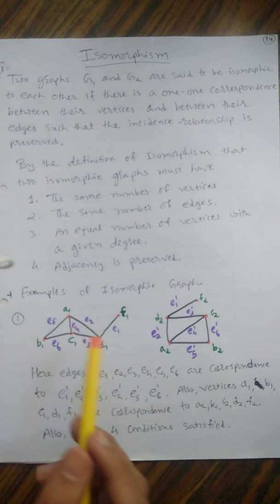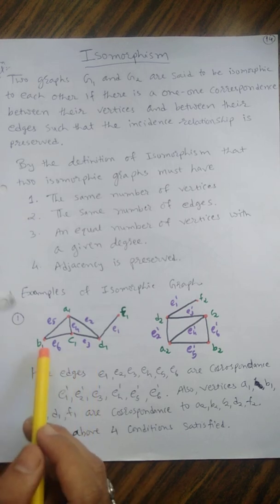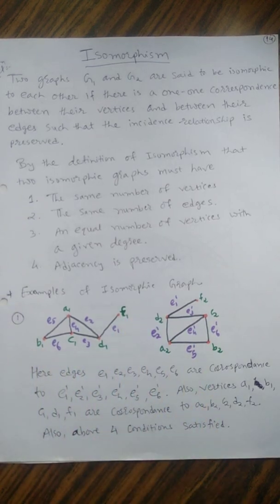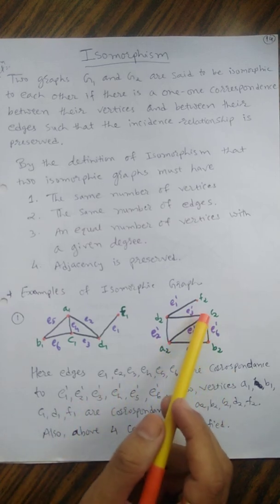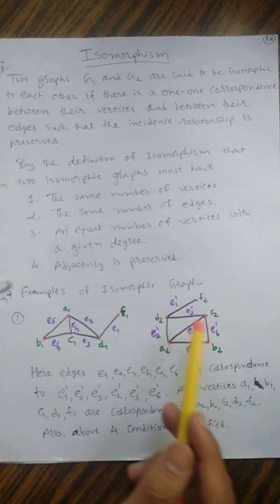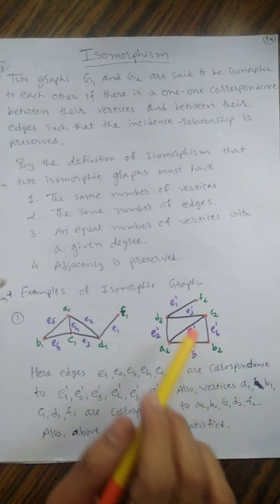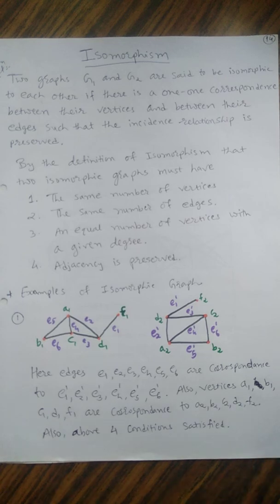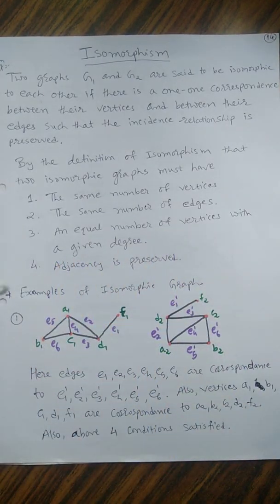So three vertices have degree 3, one is of degree 2 and one is of degree 1. Similarly, we check here A2, C2 and D2: these three vertices have degree 3, B2 has degree 2 and F2 has degree 1. So the number of degrees is also the same, an equal number of vertices with a given degree.